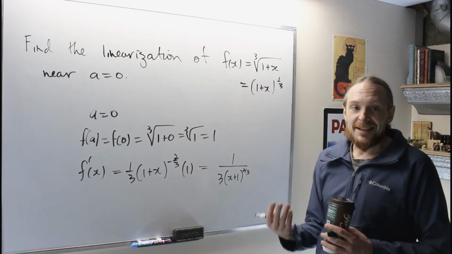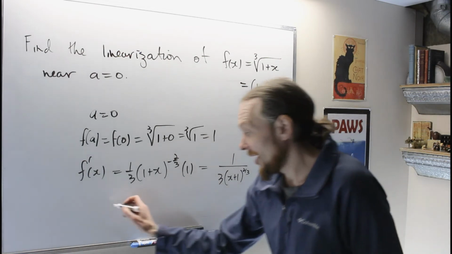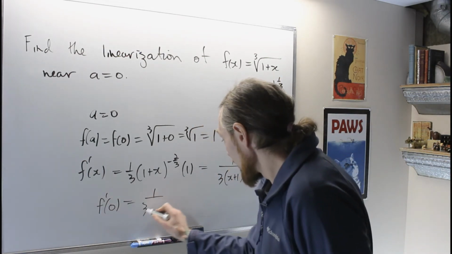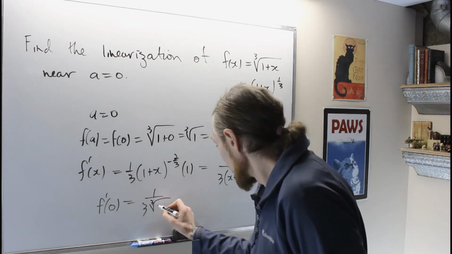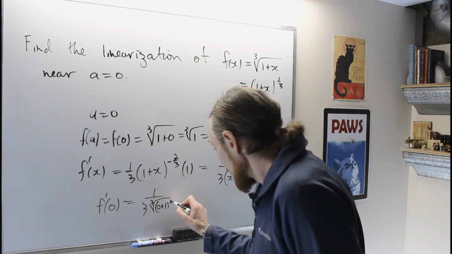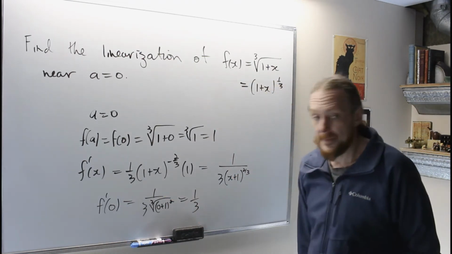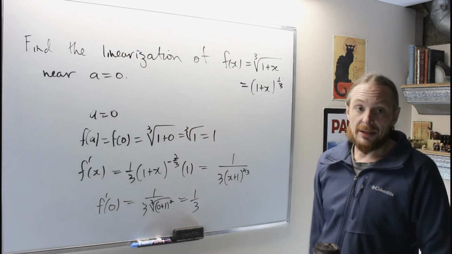Again, I need a value where I can compute my derivative at that value so we can approximate everywhere else. So f prime of 0 is equal to 1 over 3 times 0 plus 1 to the 2/3 exponent, which is equal to 1/3. So these are the pieces I need to put into the machinery.